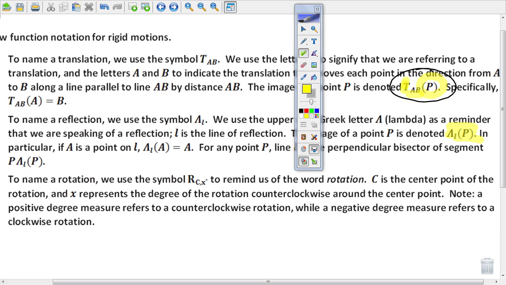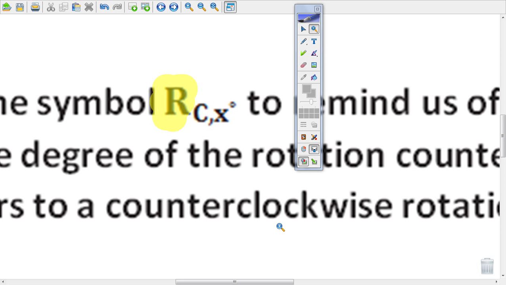So to name a rotation, we use capital R. So we use a capital R for rotation, and then there are two other parts underneath the R. One is C, which indicates the point around which I'm rotating. The other is X, which represents how far I'm rotating and in what direction.